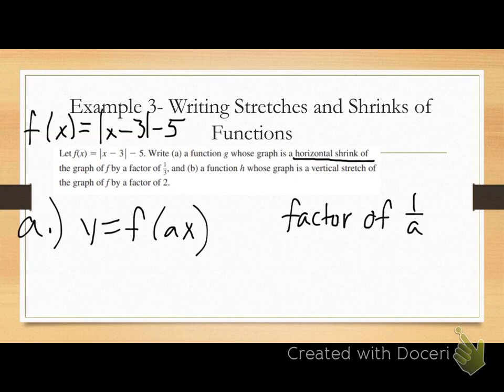What is the factor the problem gives us? 1/3. So if I do 1 divided by 1/3 in my calculator, what does that give me? 3. So I'm plugging 3 in for A.